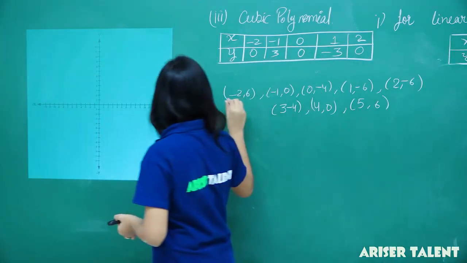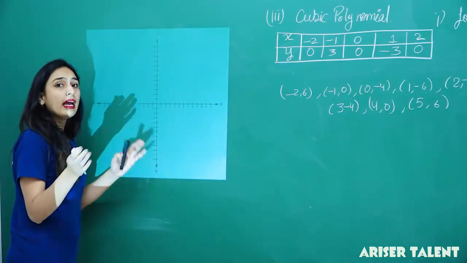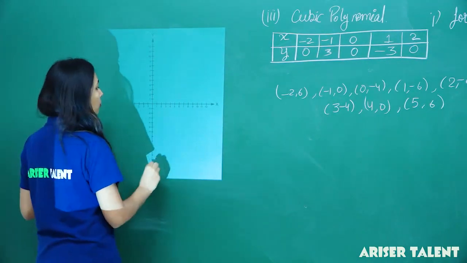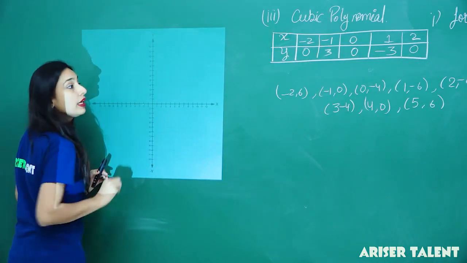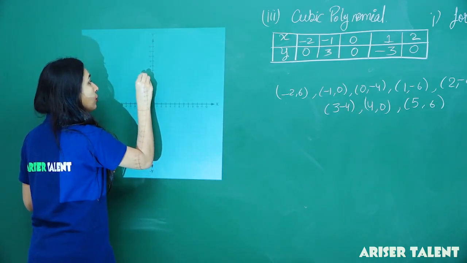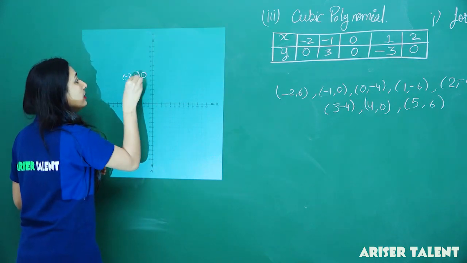So now the first one, minus 2 and 6, plot it like I have just taught you to. Minus 2 value of x, and 6 in y, so the value will be something like here, mark it, minus 2 and 6.